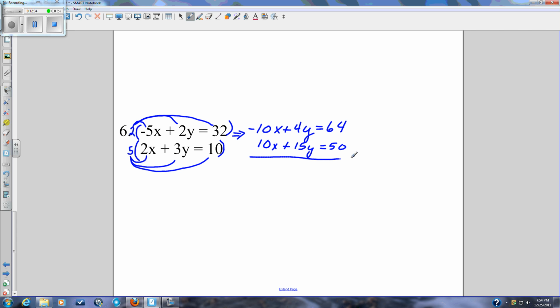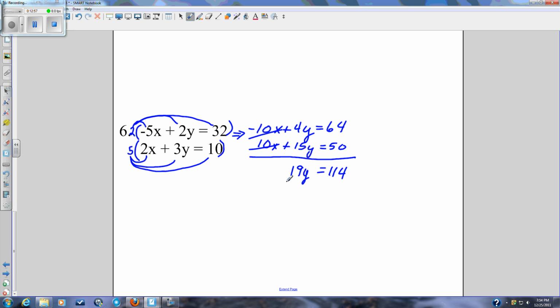Okay? Yeah, see, I wanted those signs to remain opposite. So the -10x and the +10x are going to cancel out. And we have 4y plus 15y gives you 19y. And 64 and 50 gives you 114.